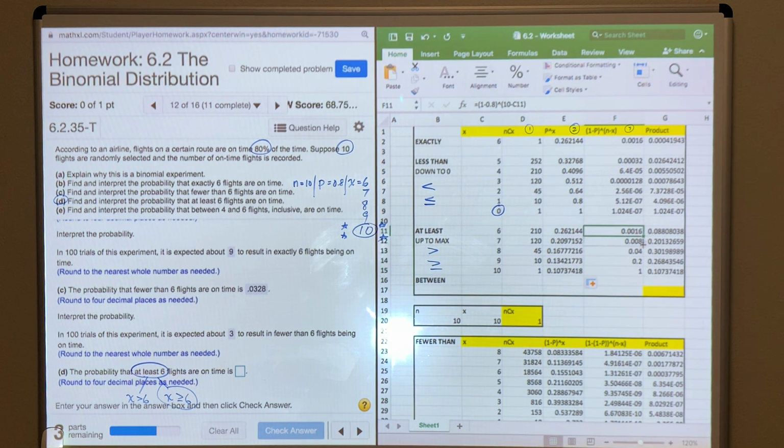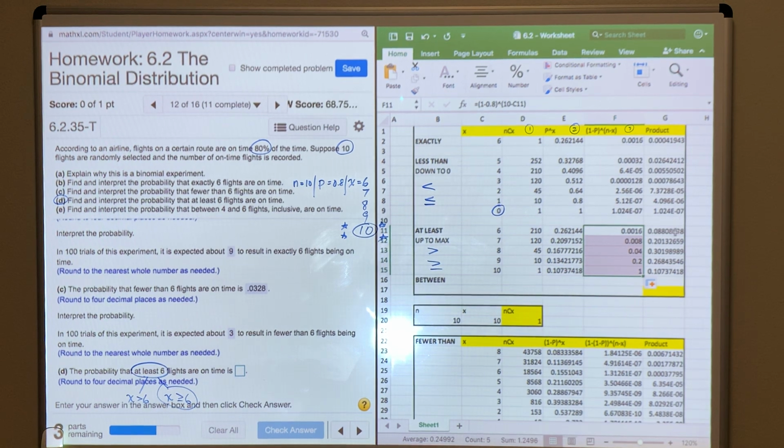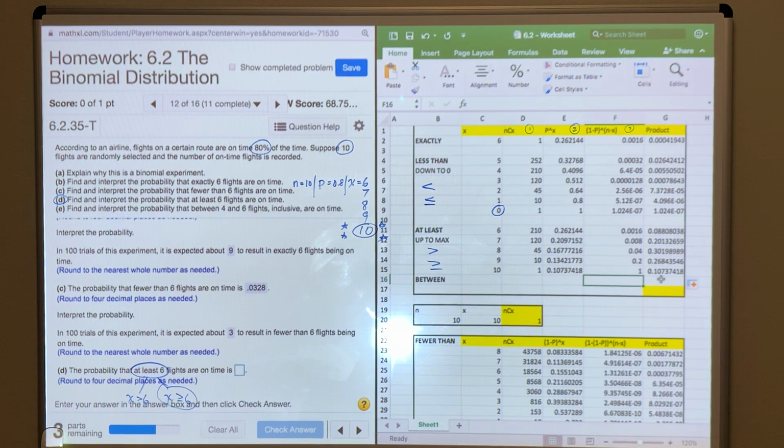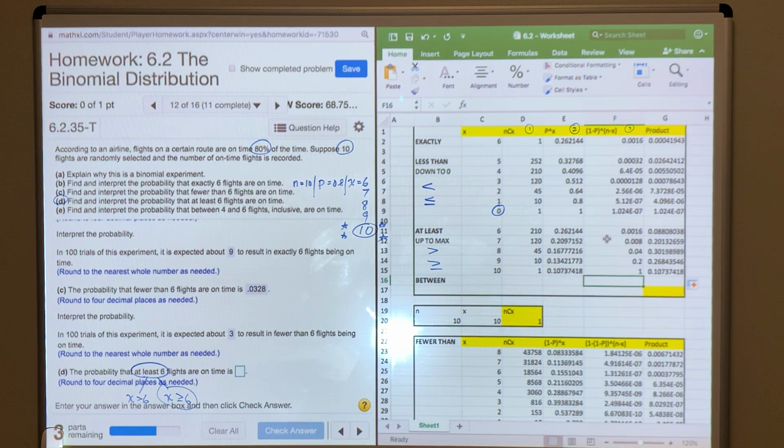I drag this down, and it just so happened all my formulas were good. And then I'm going to drag this down just in case, and those are all good. So I got all of my individual probabilities for 6, 7, 8, 9, 10 successes.